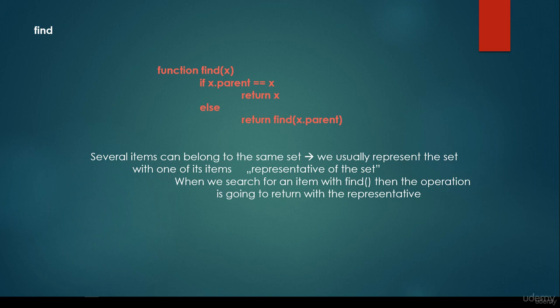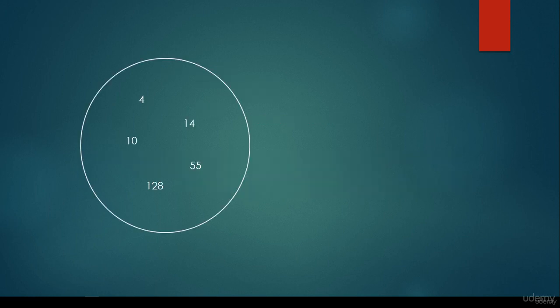This is how disjoint sets work. So that's why when we search for an item with the find operation, then it's going to return the representative. What does it mean? It means that we have the disjoint set, for example with 4, 10, 14, 128, 55. These are the items in the disjoint set. In this case, we are not going to talk about vertices in a graph, it's going to store integers. For example, the representative of the disjoint set is going to be 4.